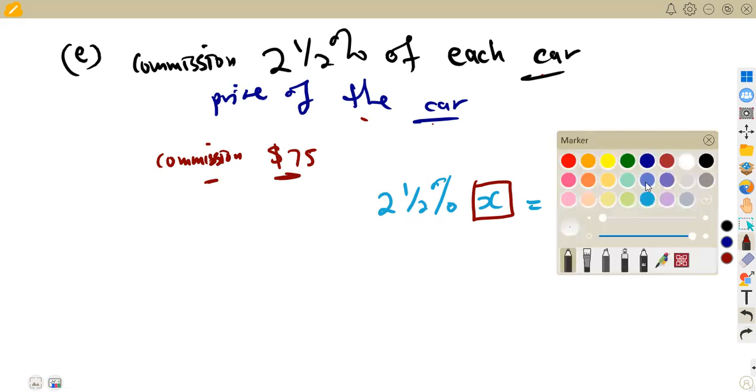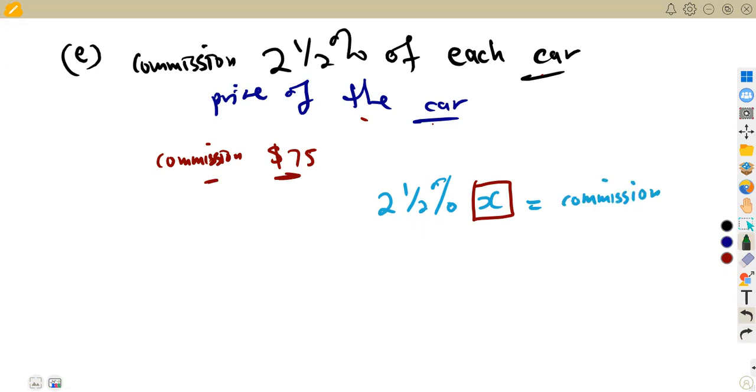So how do we remove this percentage in the first place? We have to divide by 100. So it's the same as 2.5% of X is equal to the commission of $75. So what is going to be X, which is the price of the car? How do you remove the percentage?